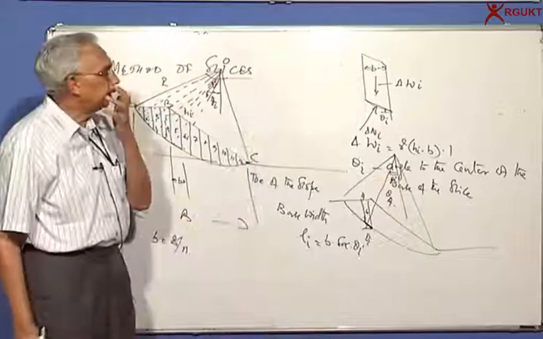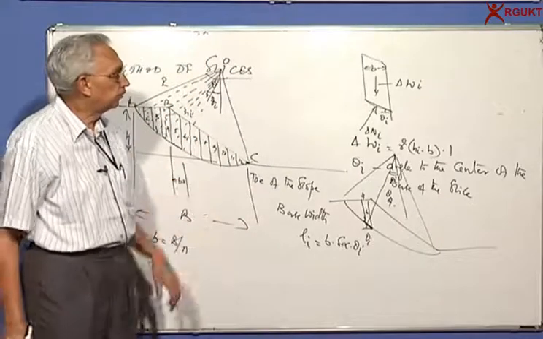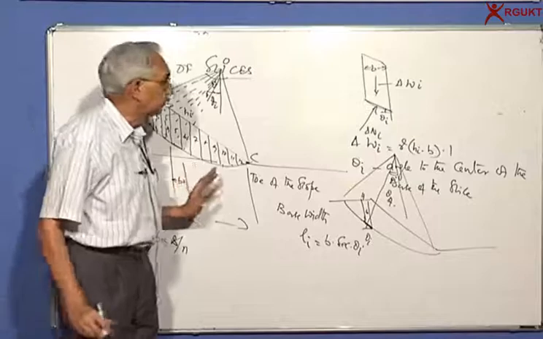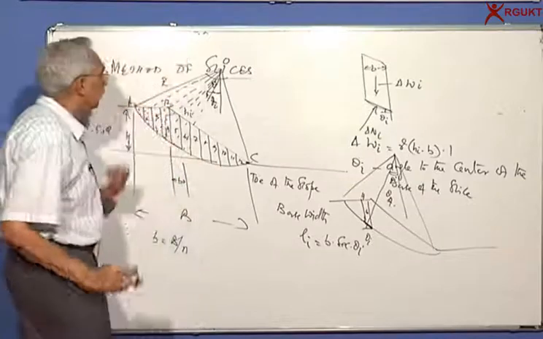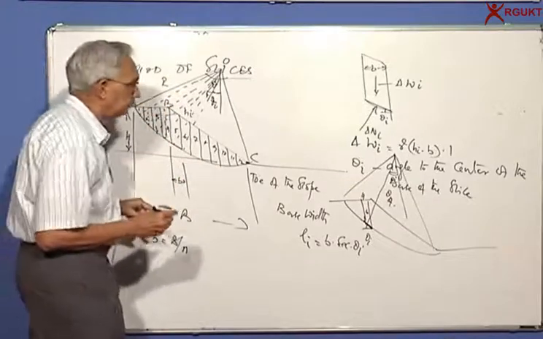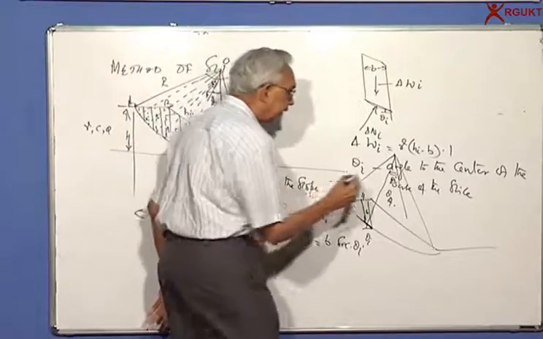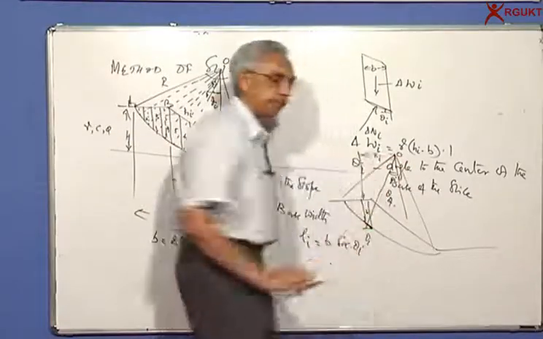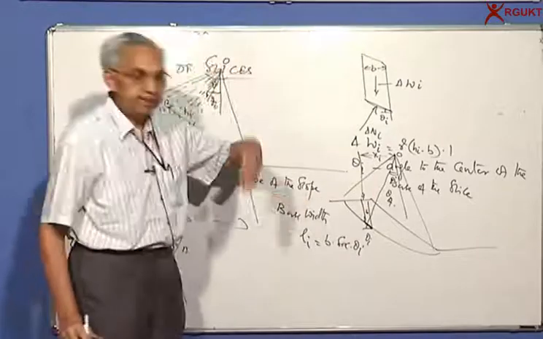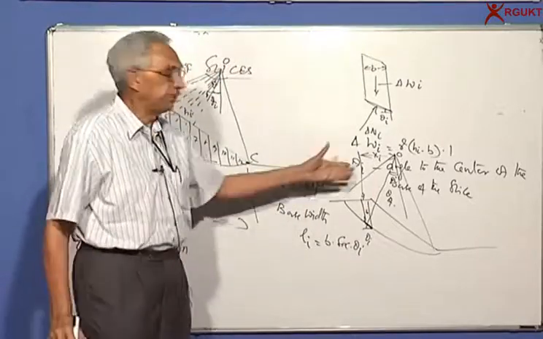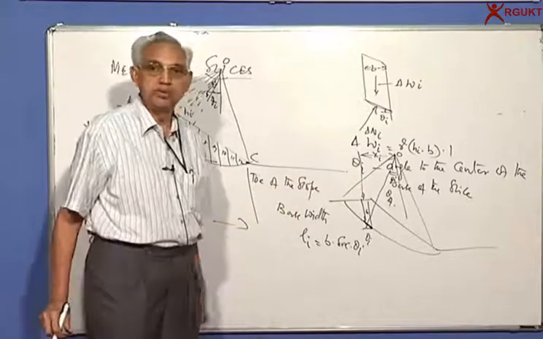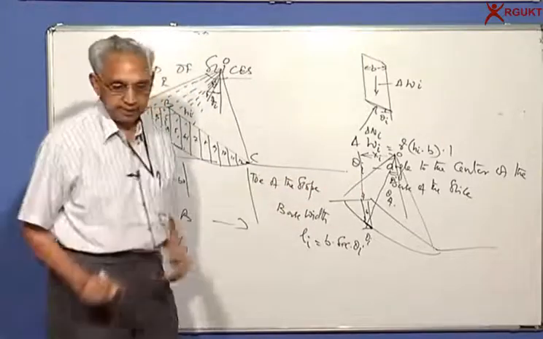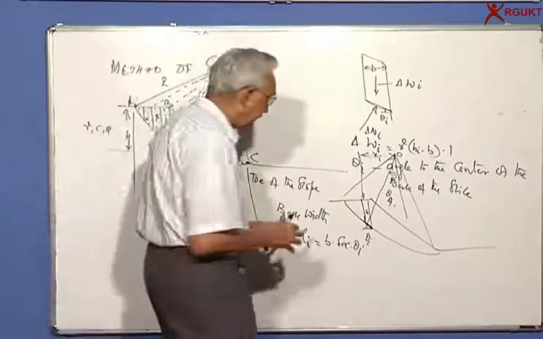So you can easily resolve and analyze as before. Since I know Wi, I know Xi, which means the distance from O. I can find out the vertical component and very easily find out the contribution of the moment from these slices. So that is how we can do that.